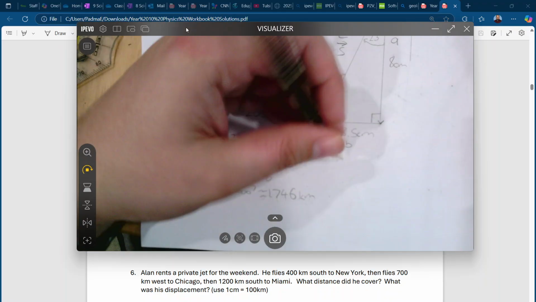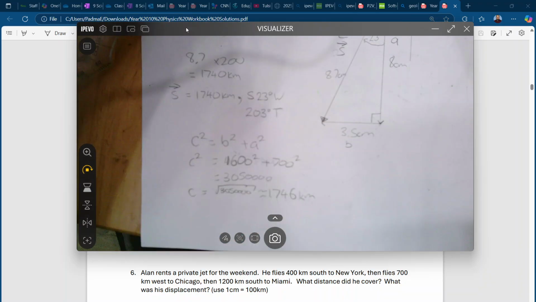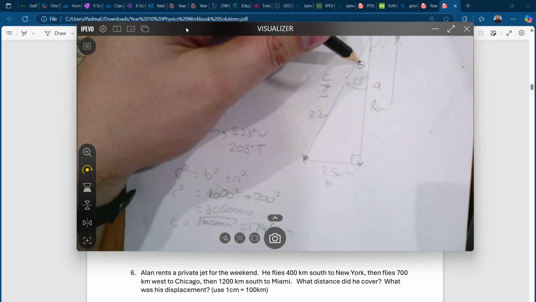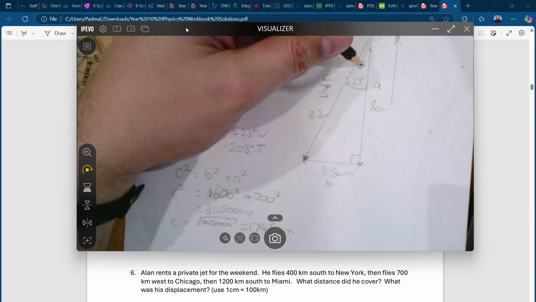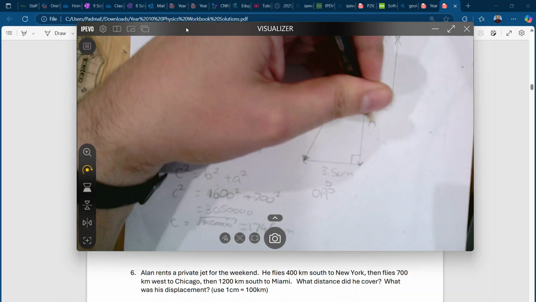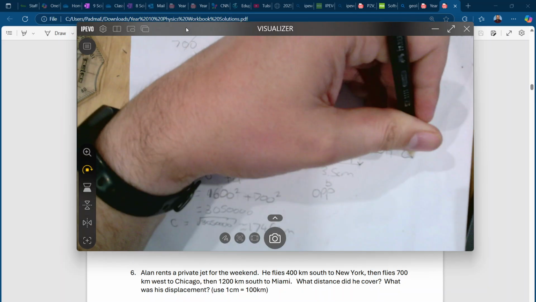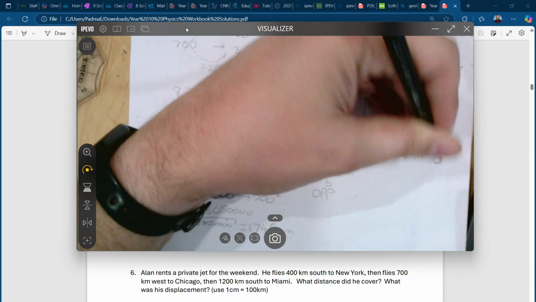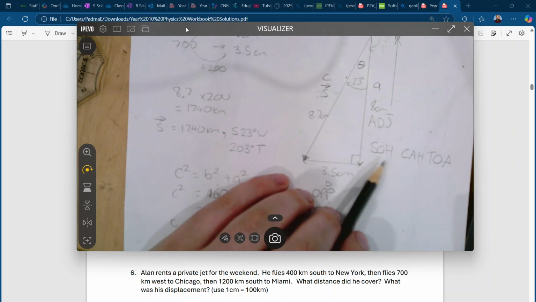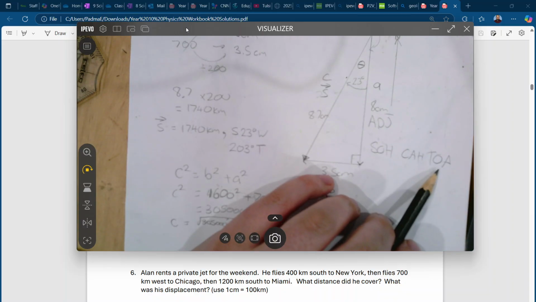Okay, let's also double check the angle. Now, just remember your right angle triangle. So maybe just go back a little bit. Relative to this angle, the length that we started with was the opposite and the adjacent. And if you remember your acronym SOHCAHTOA, sine of an angle is opposite over hypotenuse, cosine of an angle is adjacent over hypotenuse, tangent of an angle is the opposite over the adjacent.